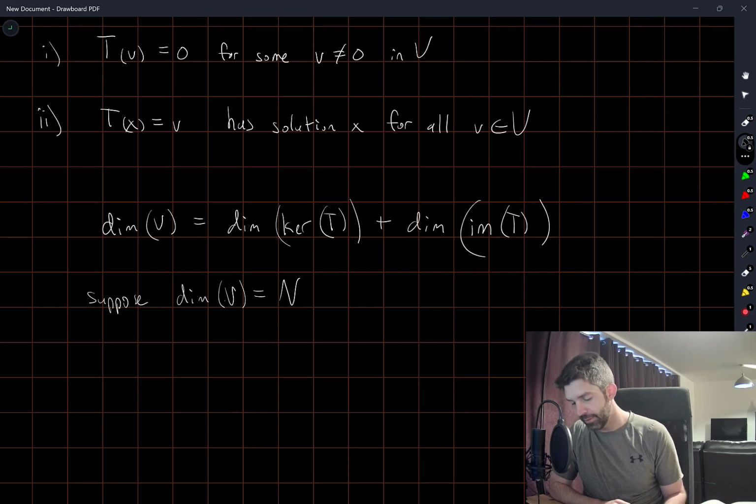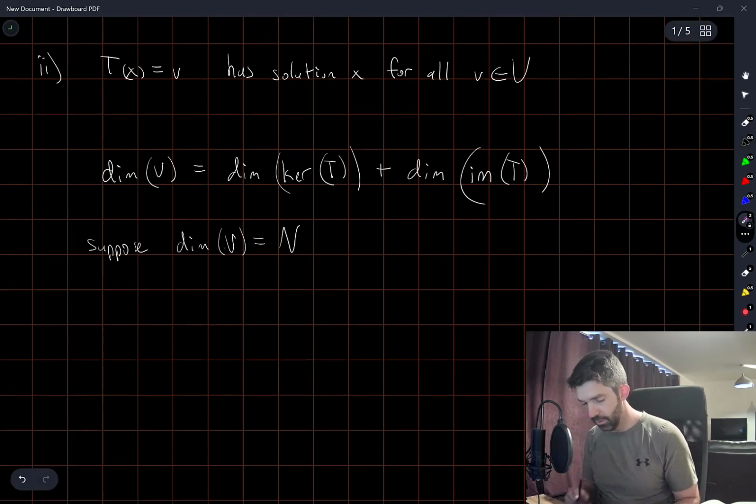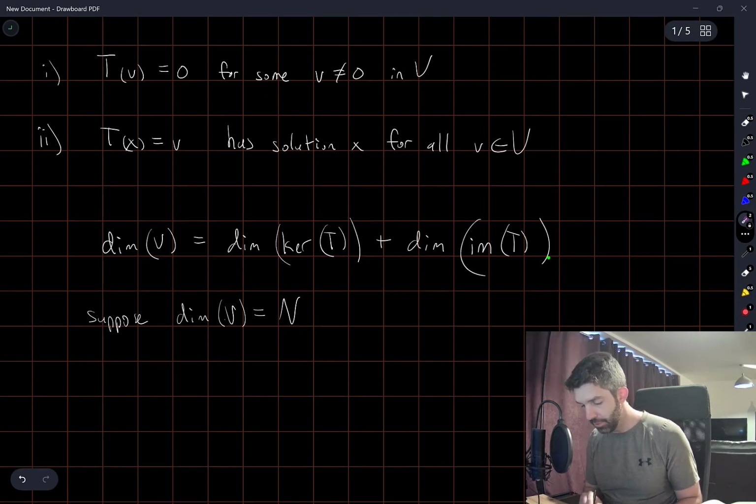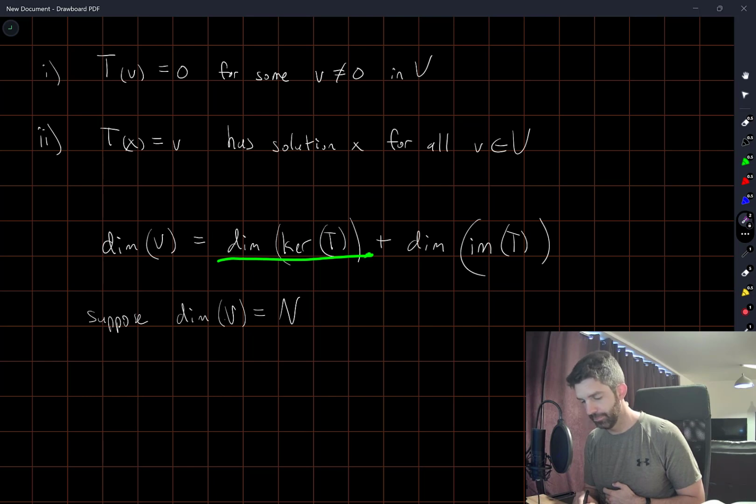To see that at least one of them must be true, well, these two dimensions have to sum up to n. So either the kernel dimension is 0 or it's not. If this is 0, then statement 2 is true.